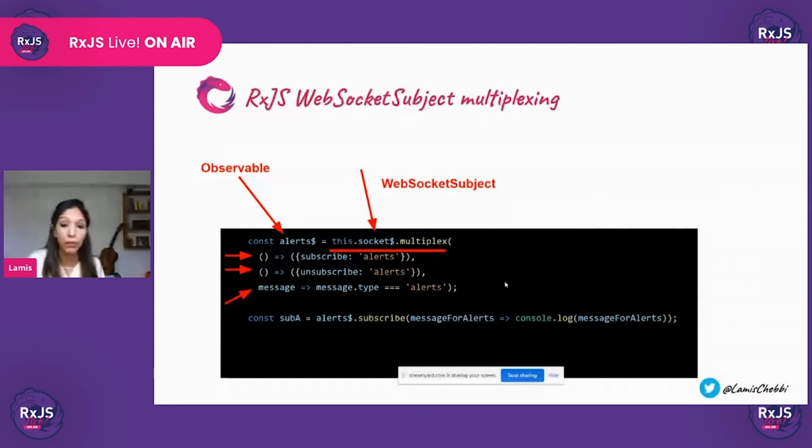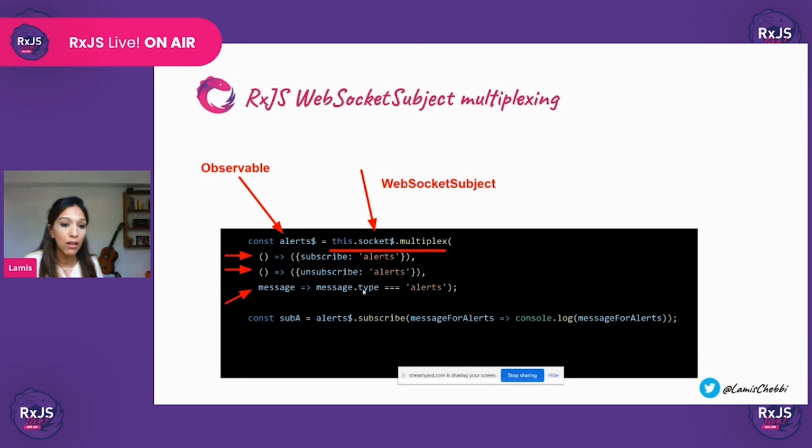If I have 3 services, I will do 3 multiplex calls. Every call is for one service, and I will get 3 different observables, okay? In these observables, I can send messages while subscribing and unsubscribing to the server, so the server can route the messages to the adequate servers.